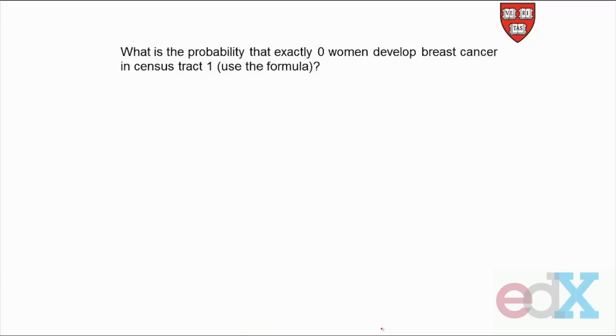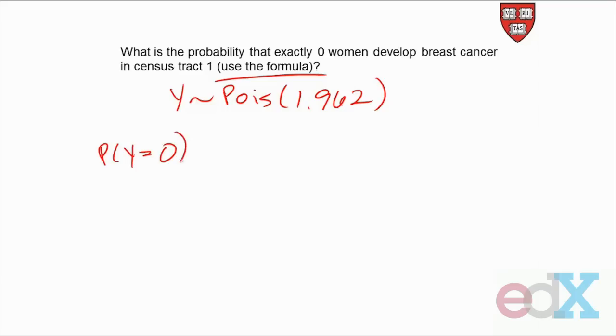Now let's do some probability calculations. What is the probability that exactly 0 women develop breast cancer in census tract 1? Remember, we're modeling that with a Poisson distribution with mean 1.962. We're going to use the formula: the probability that y equals 0 is e to the negative mu, which is our mean, times mu raised to the y, divided by y factorial, where mu is 1.962.